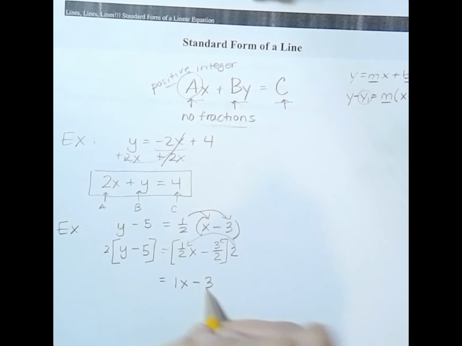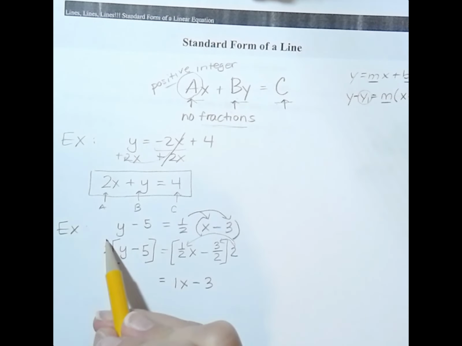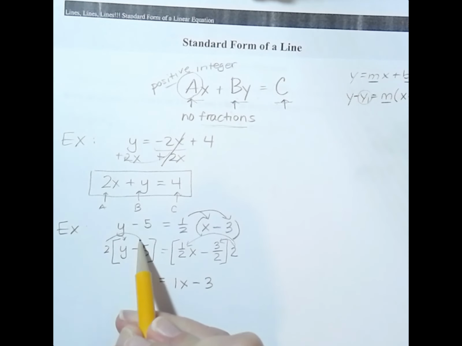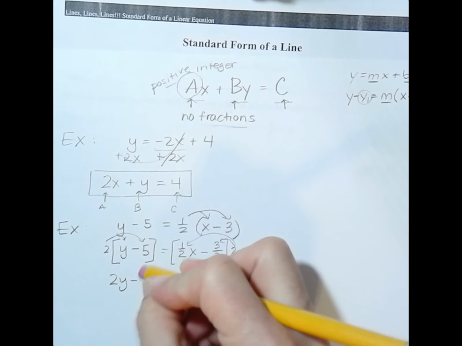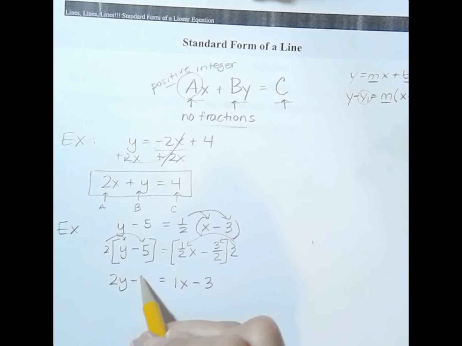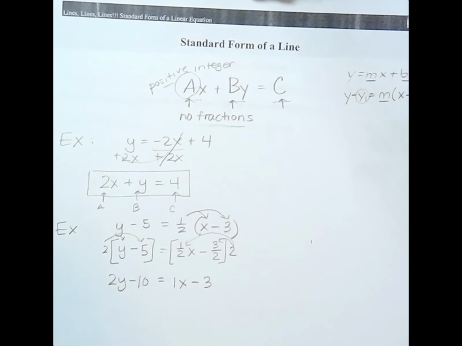So I end up with 1x minus 3. But don't forget, because it's an equation, if you do something to one side, you have to do the same thing to the other side. So that's going to make this side 2y minus, oops, 2y minus 10. Now I need to get my x term over to the left side.